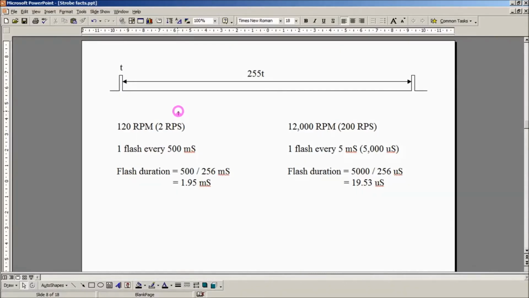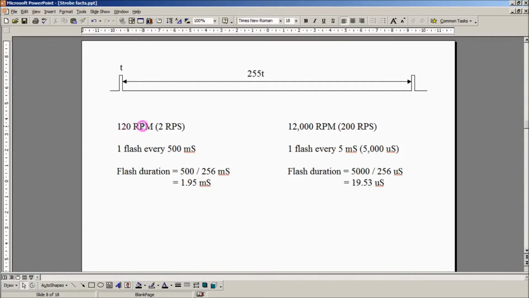So what we want is to generate a waveform like this with a pulse that switches the light on but it's off for most of the time, and I wanted the stroboscope to be able to effectively stop an object that was rotating from 120 revs per minute, which is 2 revs per second, which is pretty slow, up to 12,000 revs per minute, which is 200 revs per second.